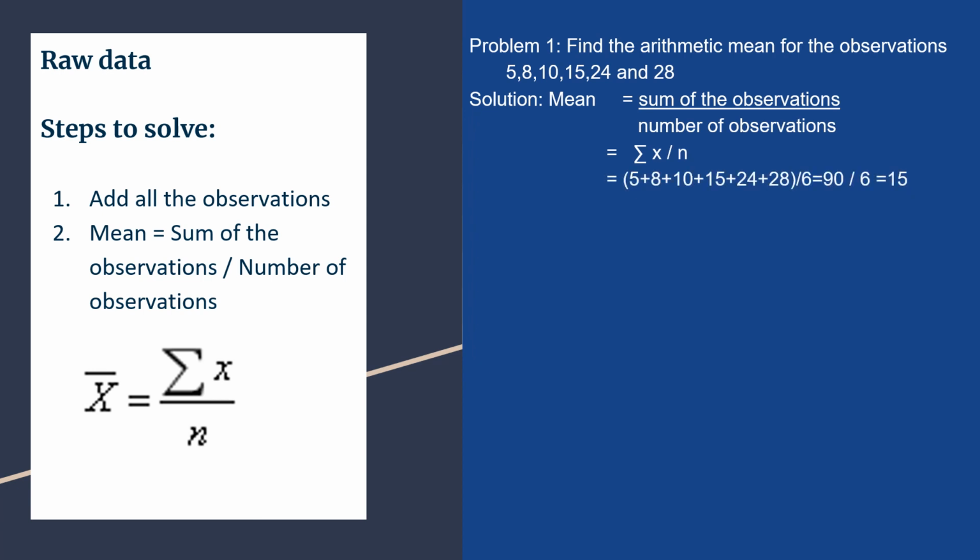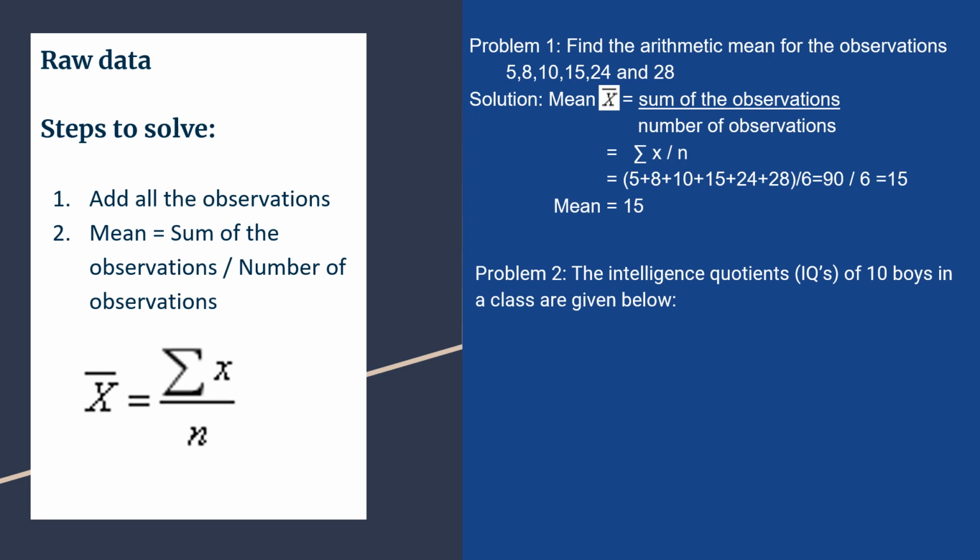So adding all the numbers gives us 90 divided by 6, the value is 50. So the mean value is 50. Mean is denoted by x bar.